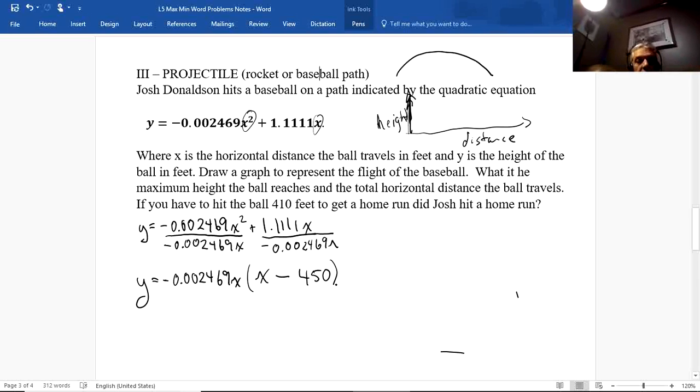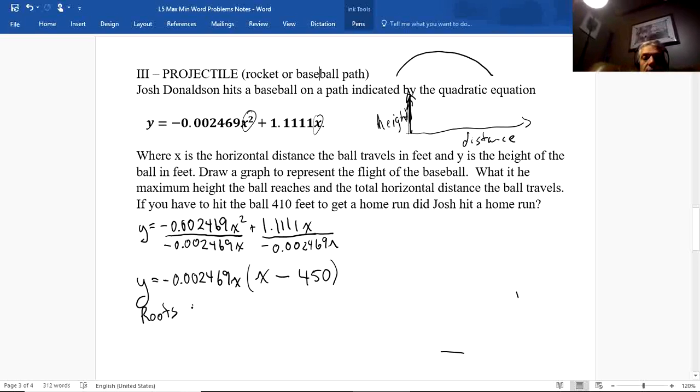And this is really important because now when I want to do my roots for this particular question, okay, remember the roots are where it crosses the x-axis. This is really crucial. I'm going to look at this and say, what are my roots? Well, my roots are going to be when this becomes 0 and this becomes 0.